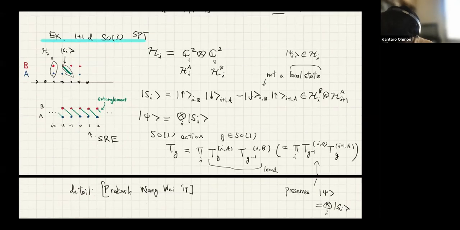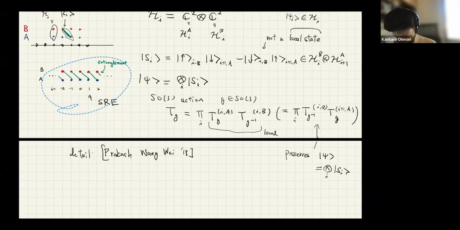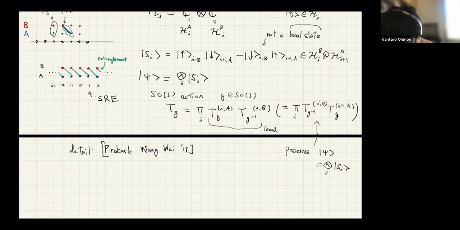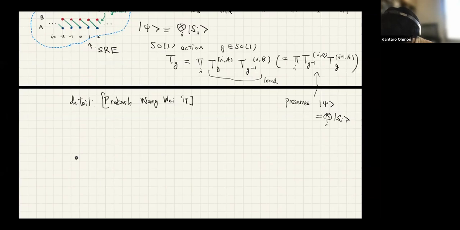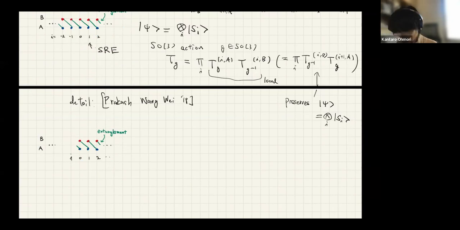So this picture is defined on the infinite lattice, but let us chop it somewhere, say at 0. Here I erase. So what happens?